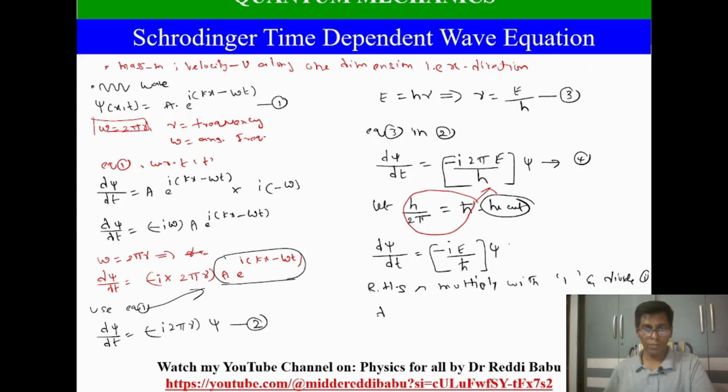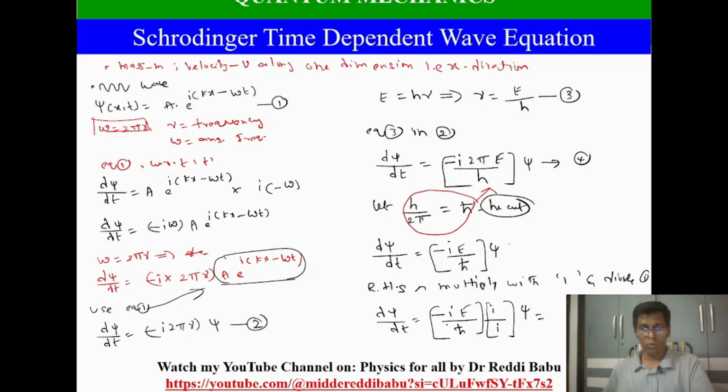So d psi by dt is equal to minus i E divided by h cut, and the remaining I multiply with i and divide with i, into psi.